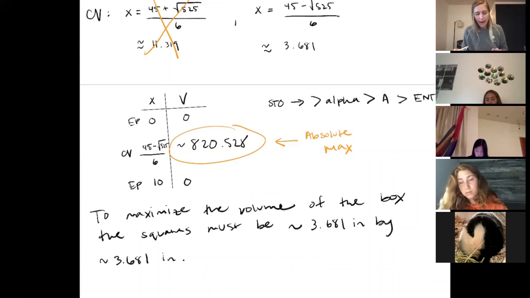Or something like that. You can also use the exact value in your sentence if you prefer.